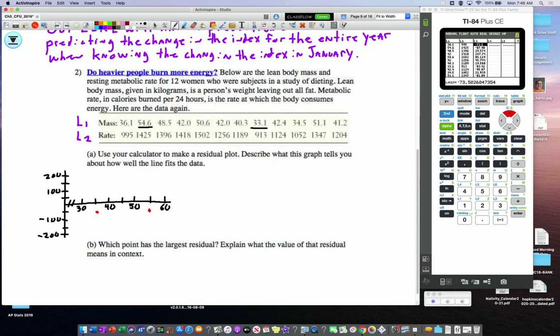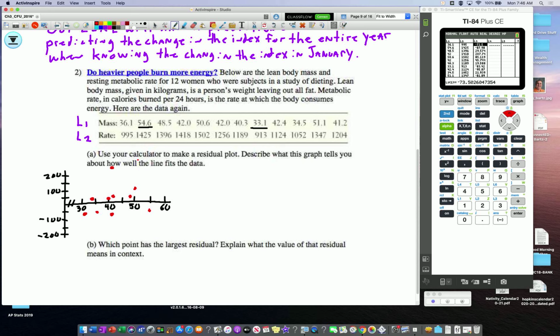Okay, get another point. 48.5, 29 or so. 42, 207, so that's that high point there. 50.6, 85, 42, 45, pretty low there. 40 and 19, so almost on the axis. 33 and negative 83, so down here. 42 and negative 95. 34 and 21.